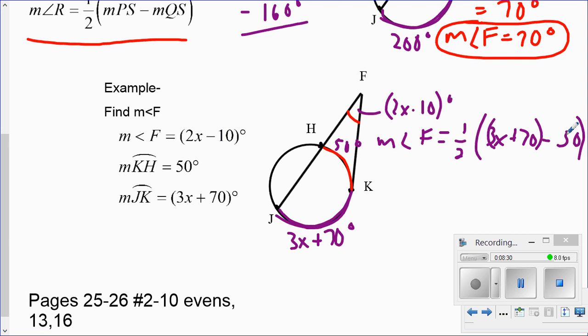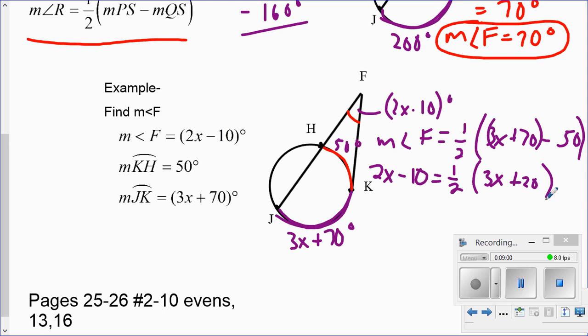So the measure of angle F we know is 2x minus 10. So that equals half of, I'm going to simplify this, 3x plus 70 minus 50. So 70 minus 50 is 20, so 3x plus 20.